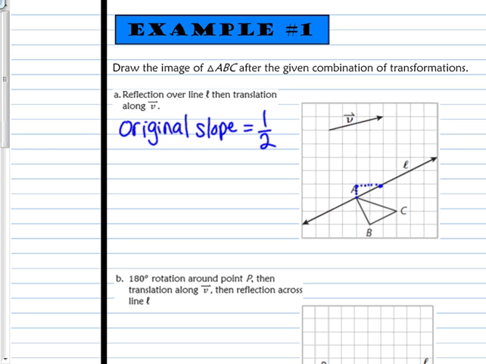And the slope of perpendicular lines are opposite reciprocal or negative reciprocal. Either of those words are correct. So what is the opposite reciprocal of 1/2? Hopefully you said it was -2 over 1. And if you did, you would indeed be correct. So opposite reciprocal, not only do we flip it upside down, but we change the sign.